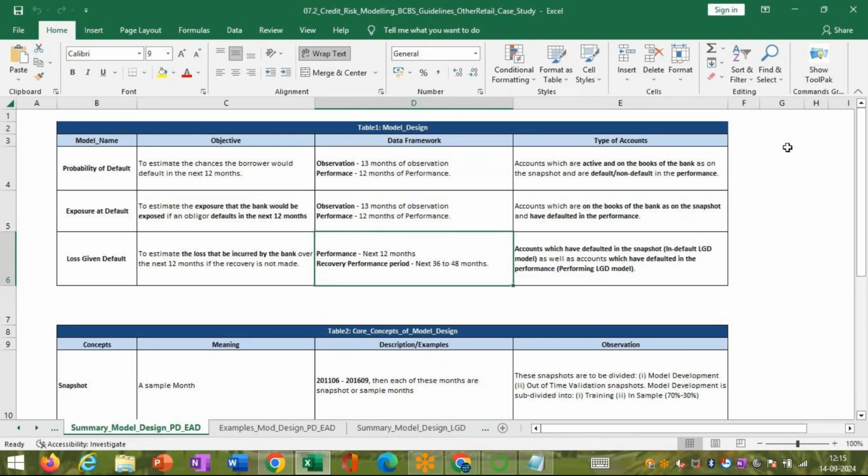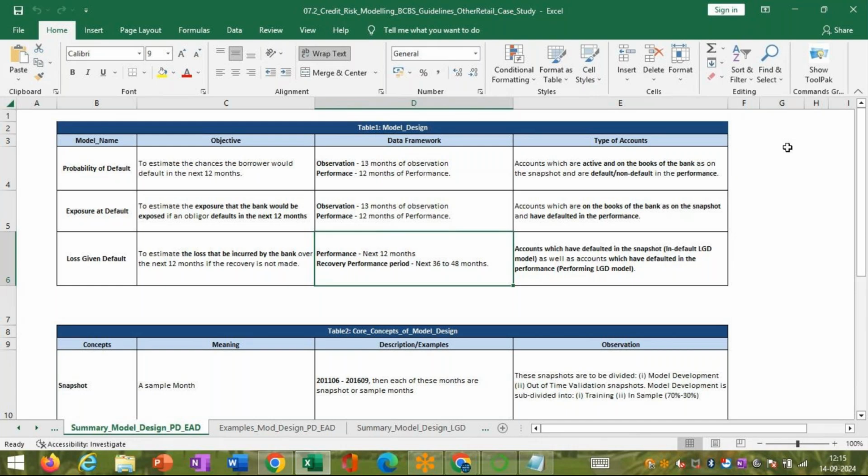For probability of default, the objective was to estimate the chances that the borrower will default in the next 12 months. And to create the model development base for the accounts, we require 13 months of observation period and 12 months of performance.